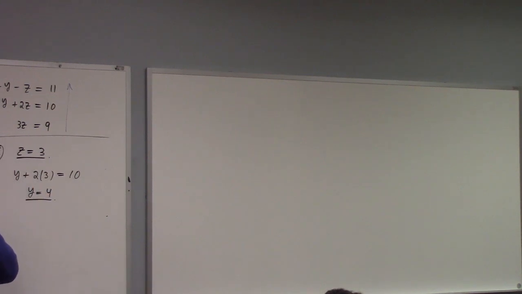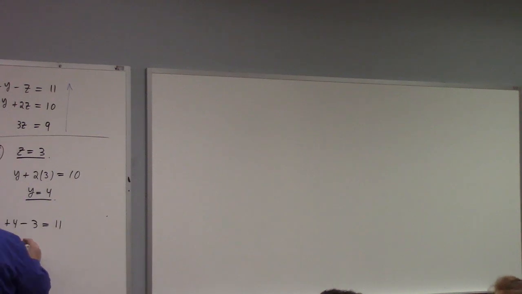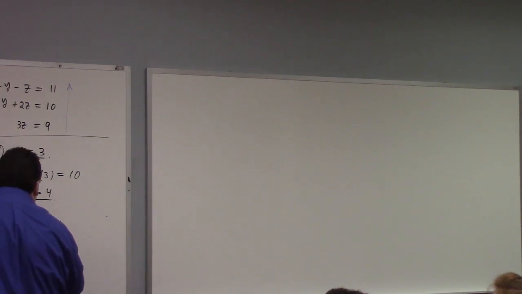And then we can go to 1, and we've got x plus 4 minus 3 is equal to 11, which gives me x is equal to, I don't know, 10? Oh, thank you. Very good.